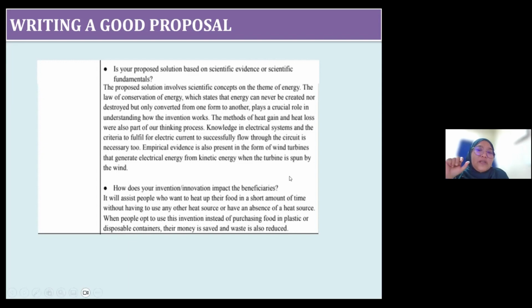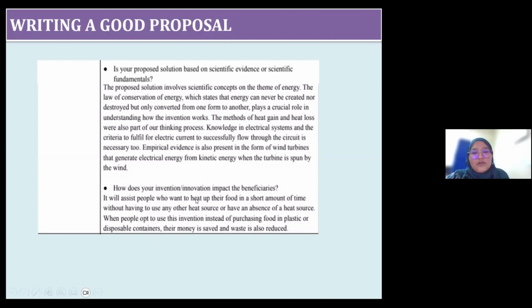They identified that their innovation is based on a scientific concept, and they elaborate on their theme of energy, including the law of conservation of energy. So they put more elaboration of the scientific concept.